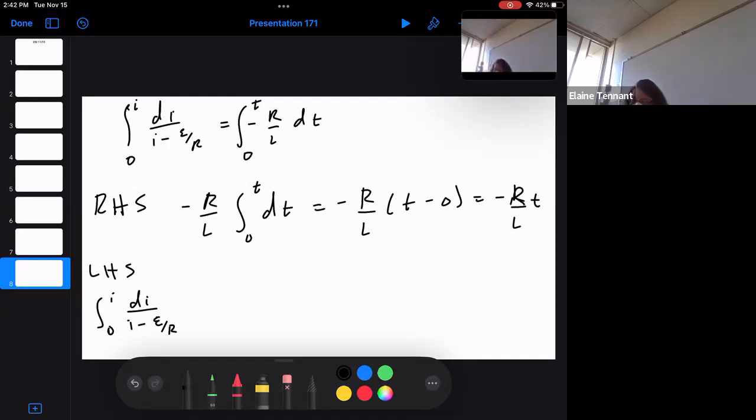If I multiplied this whole thing by E over R, that would give me R over E minus 1 like that. Yeah, it's entangled. You can't pull it out. But you're right, that is the problem right there.